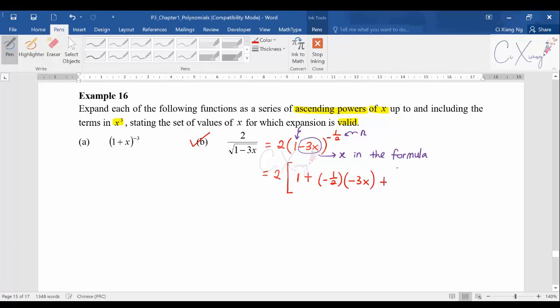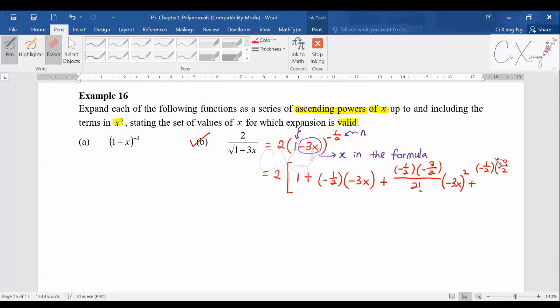Okay, then next term you have n, which is negative half, times n minus 1, negative 3 over 2, divided by 2 factorial, and then negative 3x, the whole thing squared. So x squared, that means the whole thing, negative 3x, you square it. Okay, then the next term, they want you to expand up to x power 3, right? Okay, so next term is negative half, negative 3 over 2.